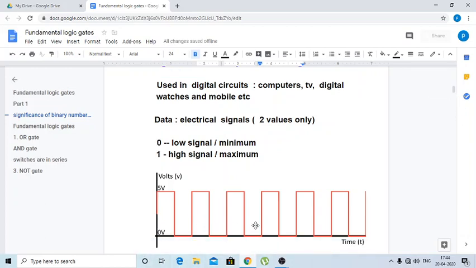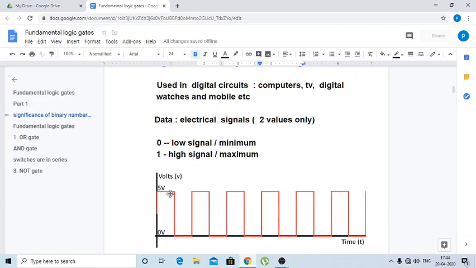This is an example of a square wave form; we have a picture here of a square wave form. It has two values, a peak value of 5 volts and a low value of 0 volts. So the total data is converted into an electrical voltage signal like this, a square wave.